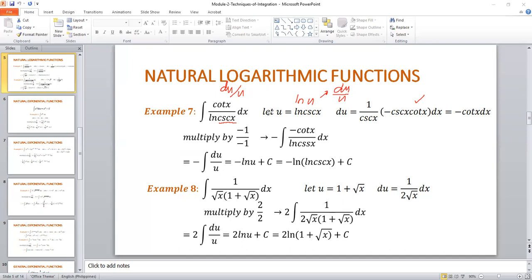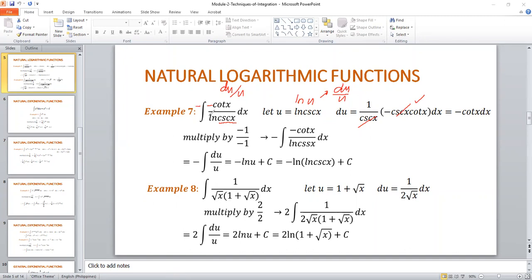That is if my ln of u in the original function is the ln of cosecant x. If it's differentiated, it would be like this. You could see that the cosecant gets cancelled, so you are left with negative cotangent x dx. And you have already the cotangent x dx here. It needs only the negative 1 here, and you place here negative 1.